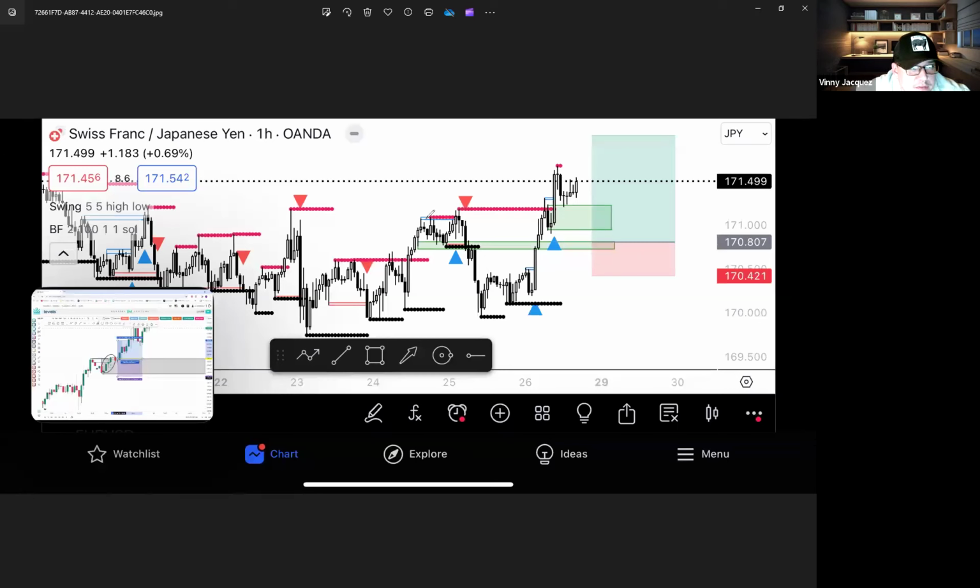So market does give us lower low, lower high, lower low, and then we break above, right? Now, notice the structure that we got right here. We break above, levels letting us know with that blue box and that blue arrow.